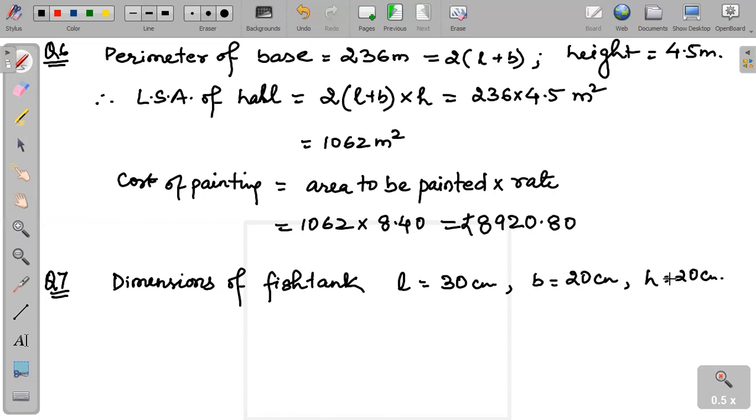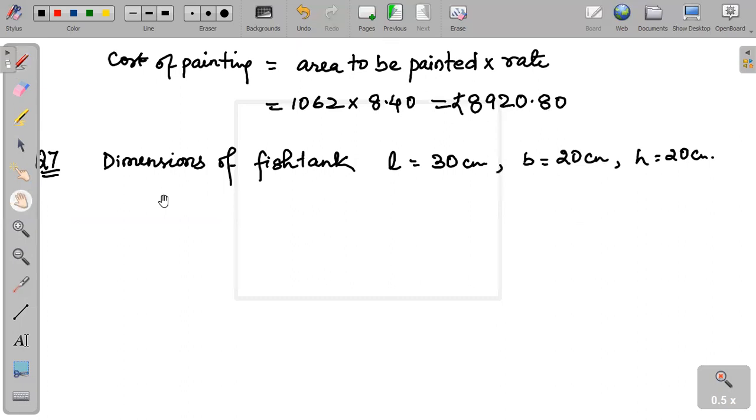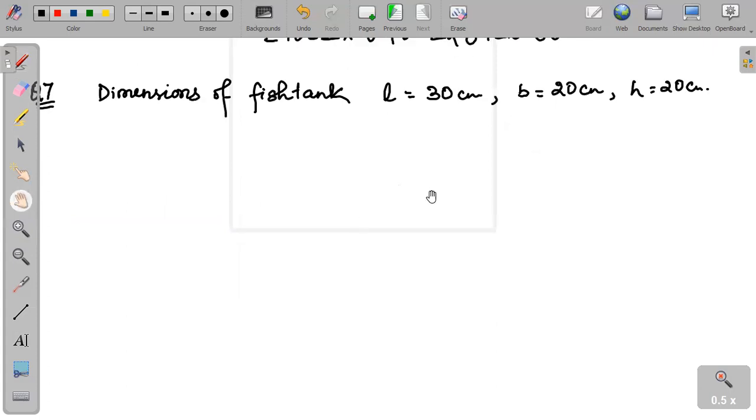The tank is placed on a horizontal table and it is 3/4 full of water. Find the area of the tank which is in contact with water. The area in contact with water is going to be 3/4 of the lateral surface area, plus the area of the base. Are we getting this point? I will have to draw a cuboid again, so just wait a few seconds till I draw it.